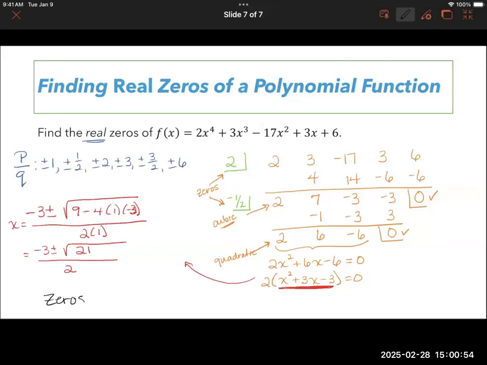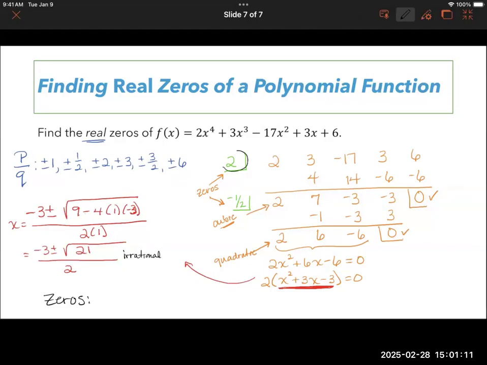Now keep in mind, these zeros that I just found from the quadratic formula, with this square root, make them irrational, but they're still real. So they still count as part of my zeros.